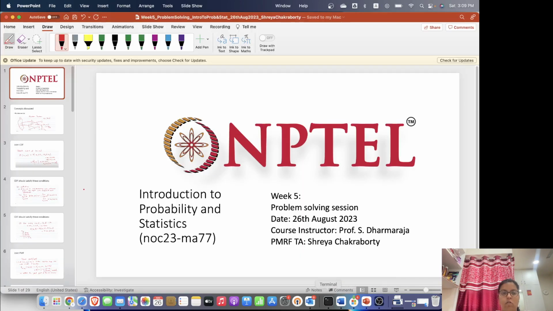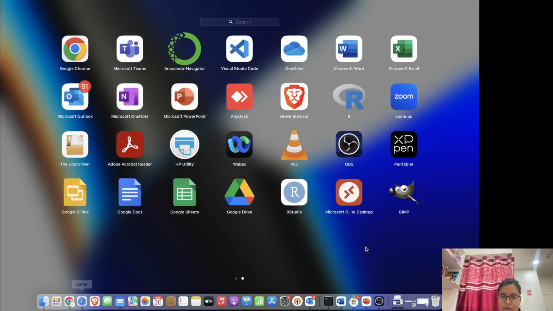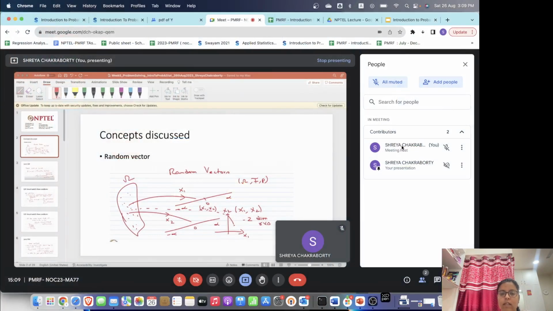Alright, so firstly, we discussed what we mean by a random vector. Initially we had learned about random variables one by one.